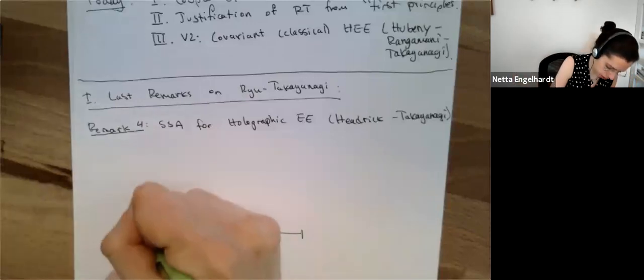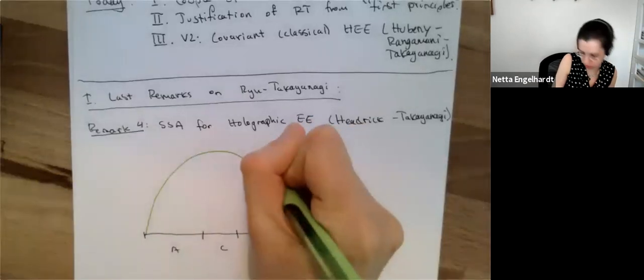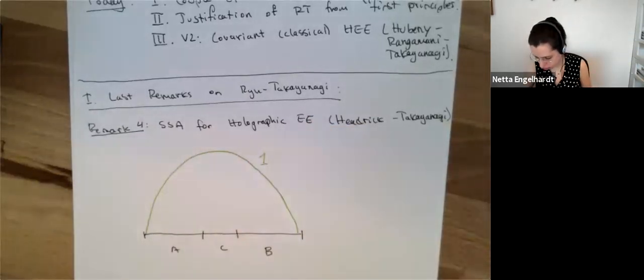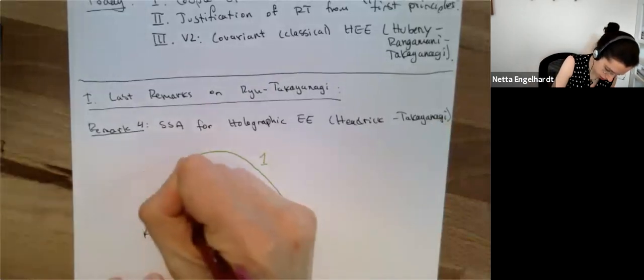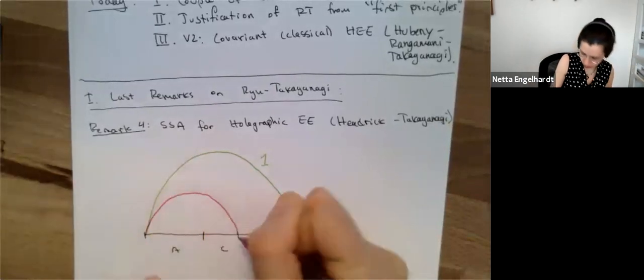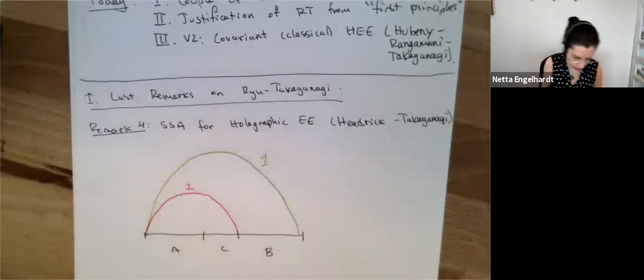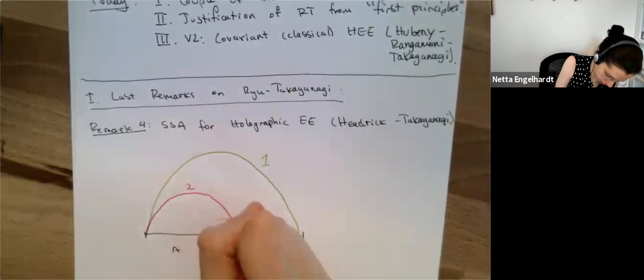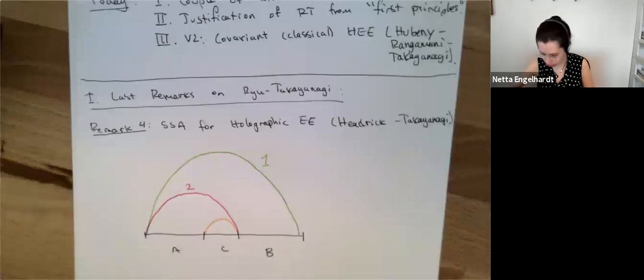So we're going to be interested in this surface, which we'll call 1. We will be interested in the von Neumann entropy of AC, so this surface, which I'll call 2. And also the von Neumann entropy of C. So that's this surface. And the von Neumann entropy of BC.